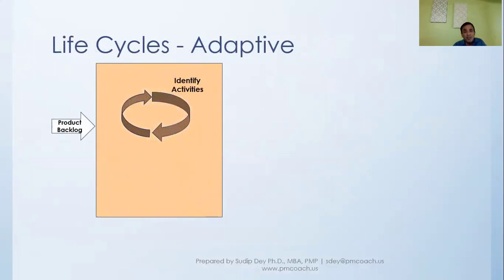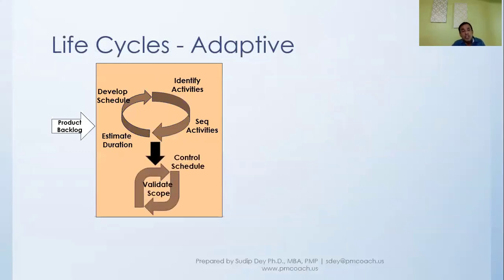We identify activities, sequence activities, estimate the duration, and develop the schedule. We go through that, fine tune it, and then we do the execution. During the execution process, we control the schedule, validate the scope, and hand it over to our customer.